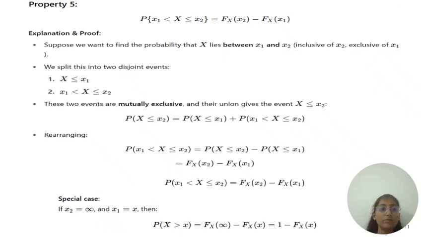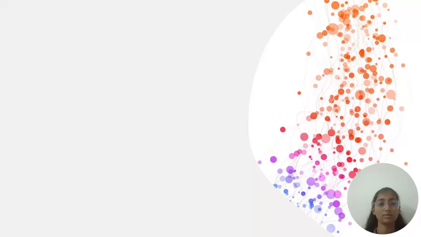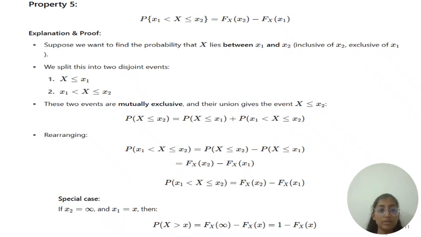We split this into two disjoint events: first, X less than or equal to x1, second, x1 less than X less than or equal to x2. These two events are mutually exclusive and their union gives the event X less than or equal to x2. Then it is shown as follows.